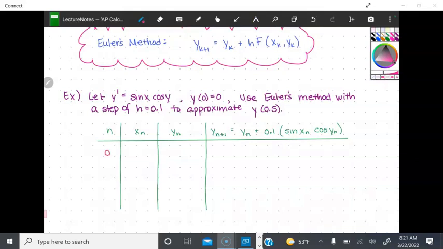N is 0. And so x sub 0, y sub 0, those are our initial values. Anytime you see a variable with a subscript of 0, just think initial value. So our initial value of x is 0, and our initial value of y is 0.